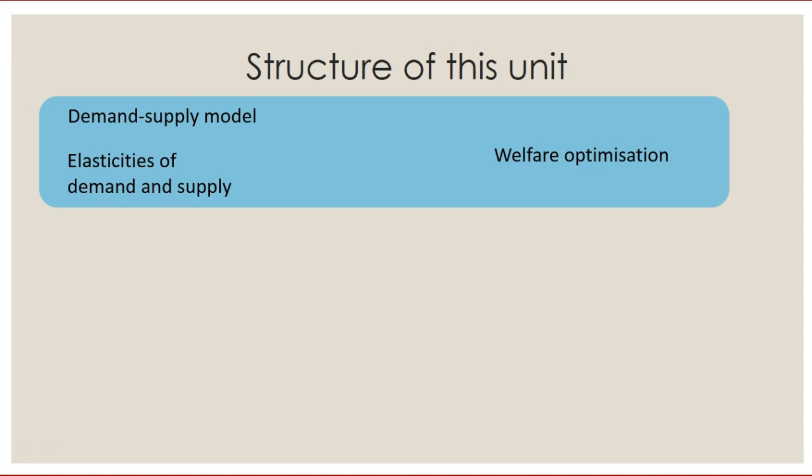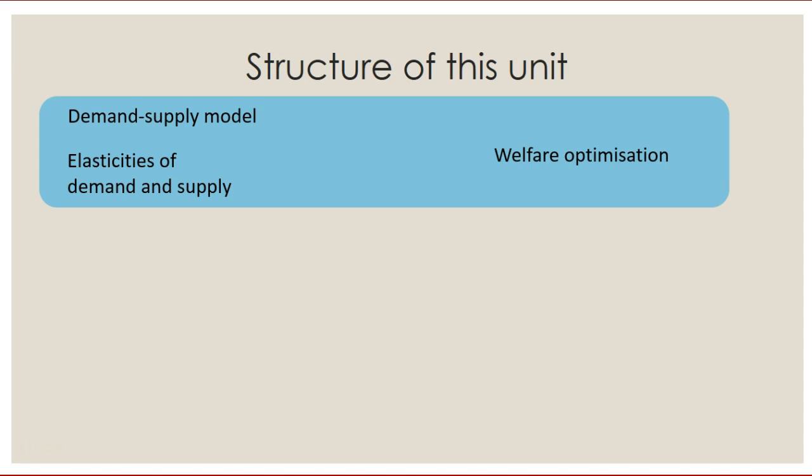And what we try and show is that the demand-supply model of a competitive market environment can result in welfare optimization or welfare maximization. This doesn't mean welfare in the sense of social security benefits. It means economic well-being, so to speak.